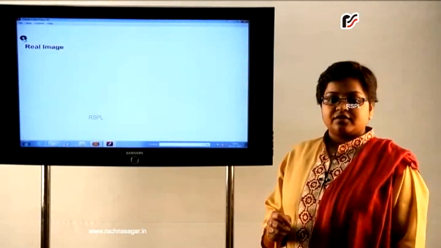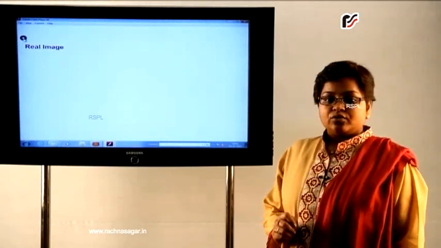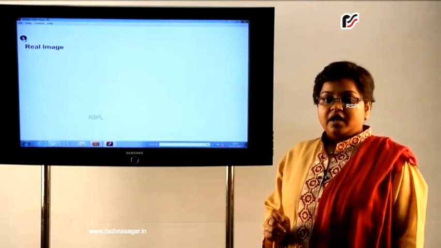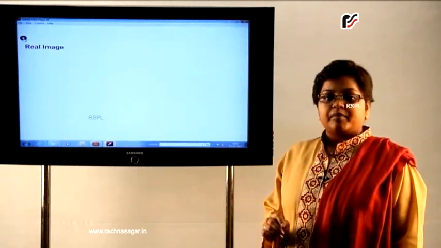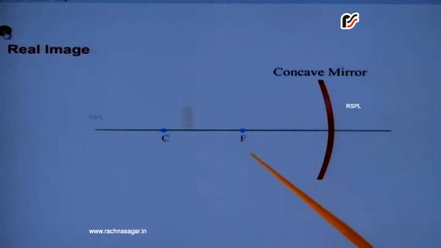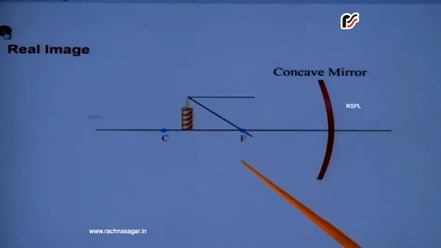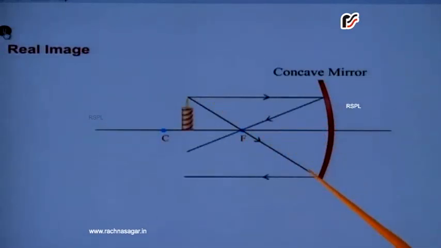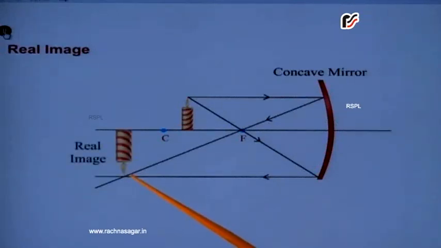Real image. When the two reflected rays actually meet at a point, a real image is formed. Here, a concave mirror, principal axis, C, F, the two rays coming after reflection actually meet at this point, a real image is formed.